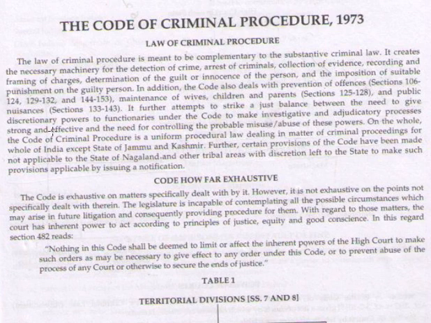And maintenance of wives, children and parents. This is under CrPC 125 to 128. It is an important provision in the Criminal Procedure Code, irrespective of religion, irrespective of state, and irrespective of caste.